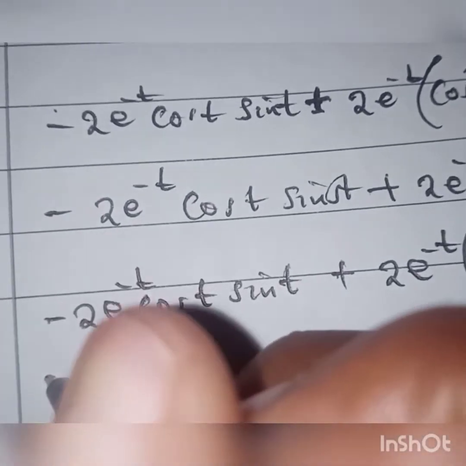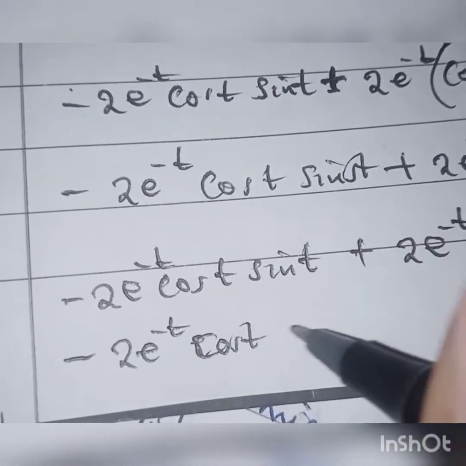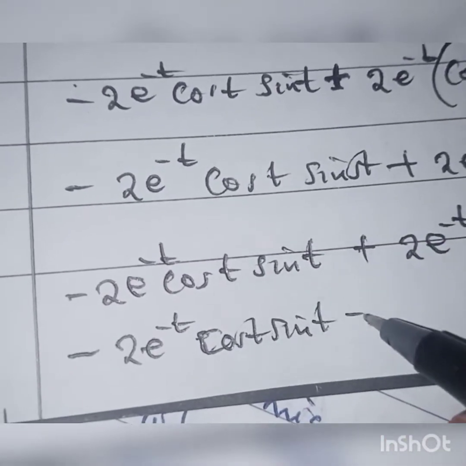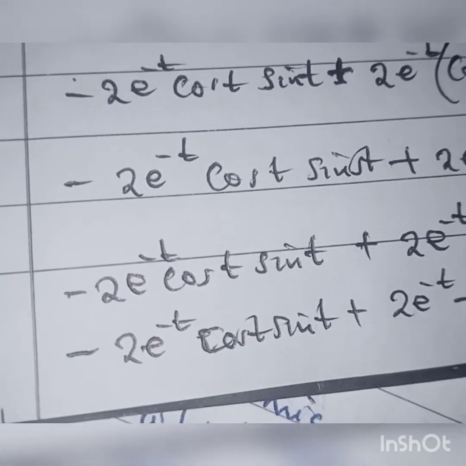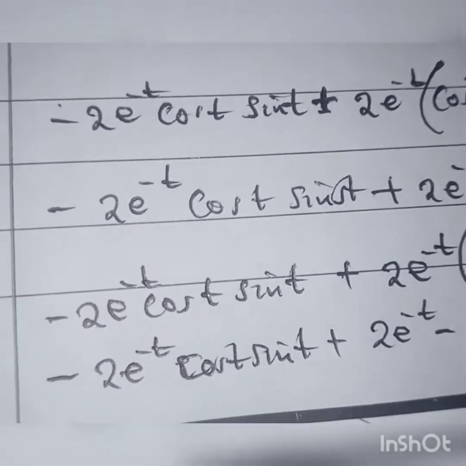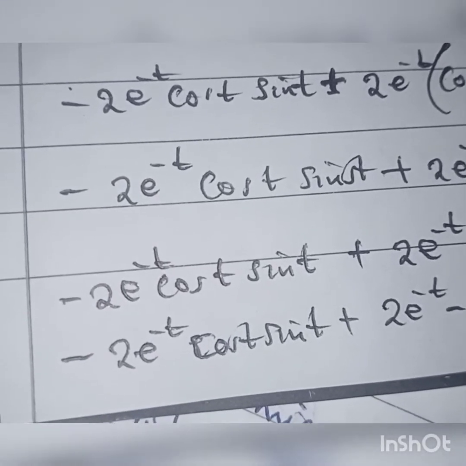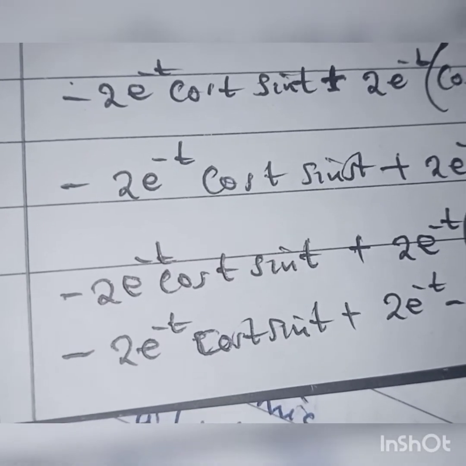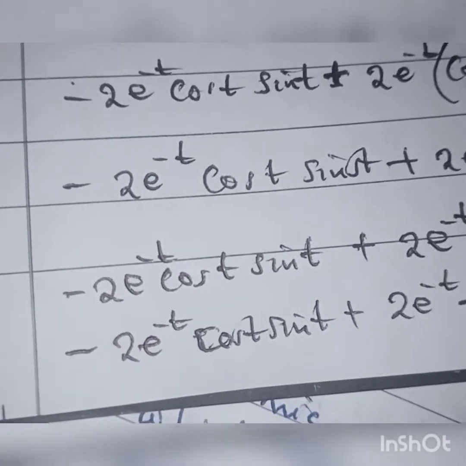Opening the brackets, it will be minus 2e raised to minus t cos t sin t plus 2e raised to minus t minus 4e raised to minus t sin squared of t equals 0.